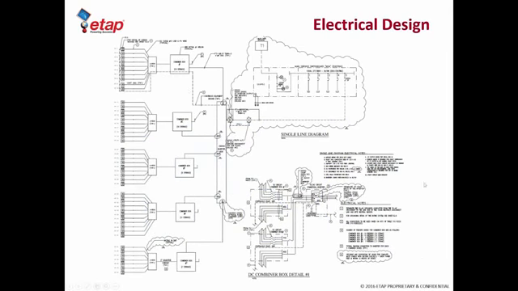And then we went to the actual electrical schematic. And this is just an overview of the electrical schematic, and I'll just highlight some of the main points here. These are essentially the PV strings. This doesn't represent individual PV modules, but a string that's going into a junction box and into a combiner box.